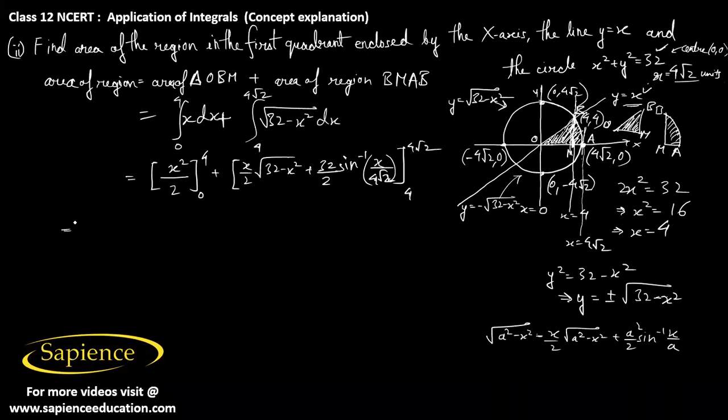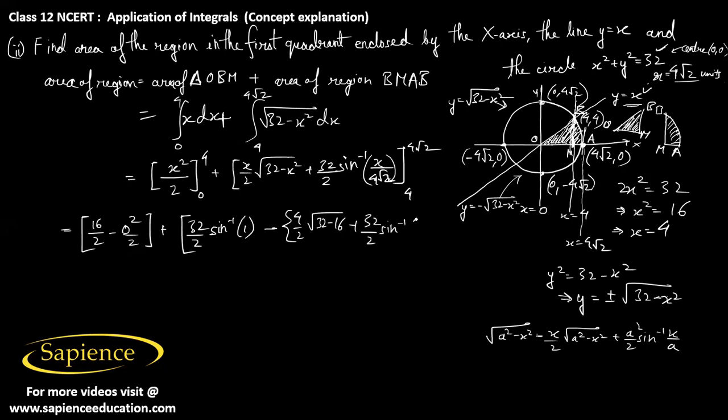Therefore this will be equal to 4²/2 minus 0²/2, plus, here if we put 4√2, then x² will be 32, so this will become 0. Then plus 32/2 times sin⁻¹(4√2/4√2), that is 1. Then minus, we have to put 4: so this will be (4/2)√(32 - 16), then plus 32/2 times sin⁻¹(4/4√2).